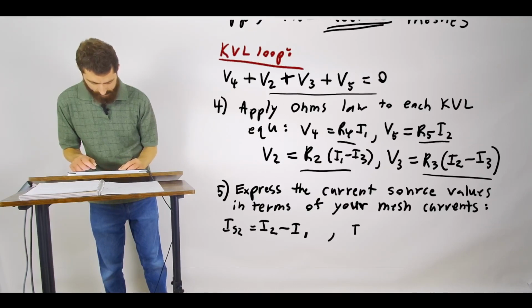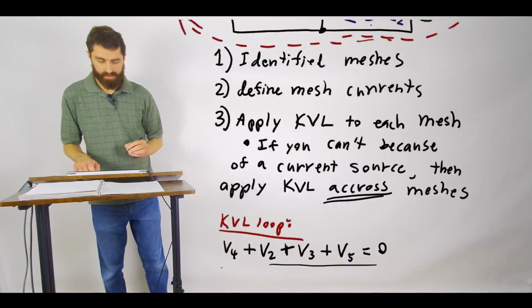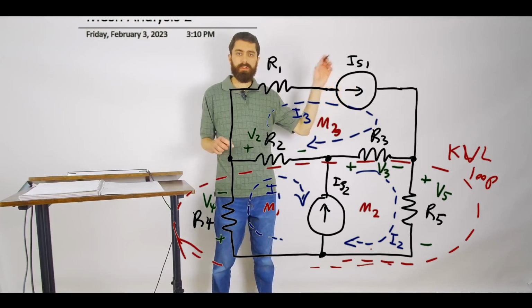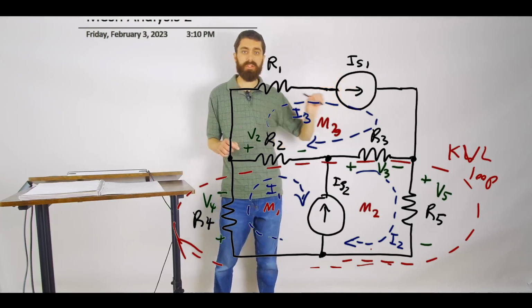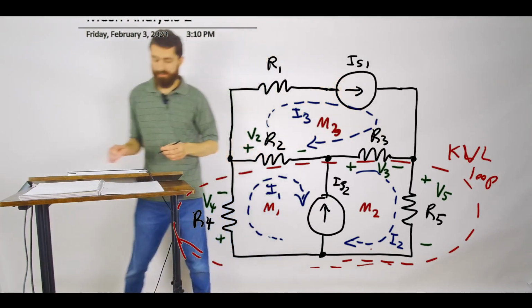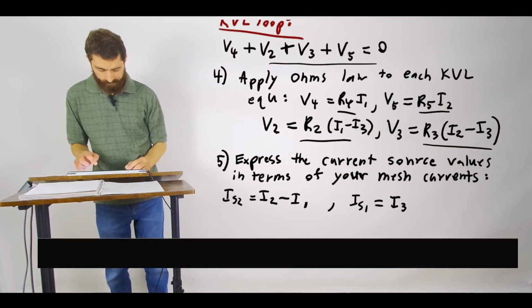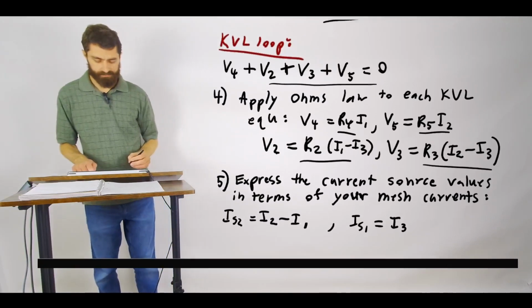And then IS1, the current of your other source, well, there's no other mesh currents, so it's actually just going to be equal to I3.